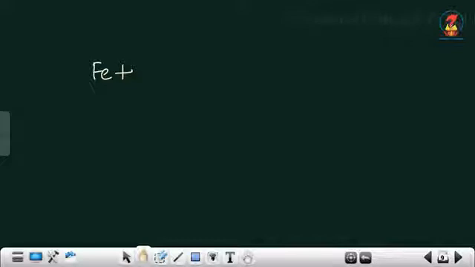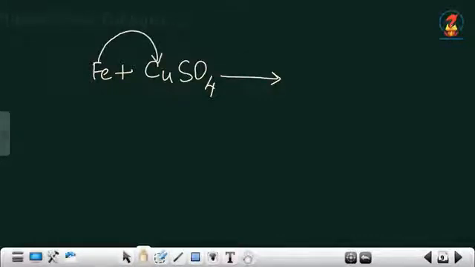So, for example, we can take an iron nail. When an iron nail is dropped in copper sulphate solution, there occurs a displacement reaction. What do you mean by displacement reaction? When iron is reacting with the copper sulphate solution, this iron displaces copper from its solution, and iron sulphate, FeSO4, and copper will be produced.